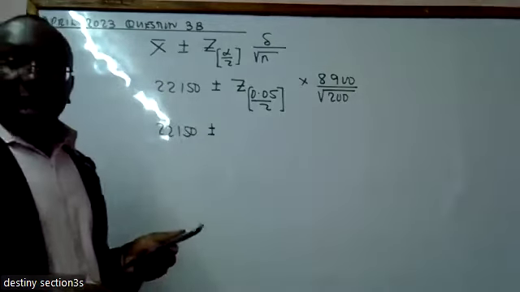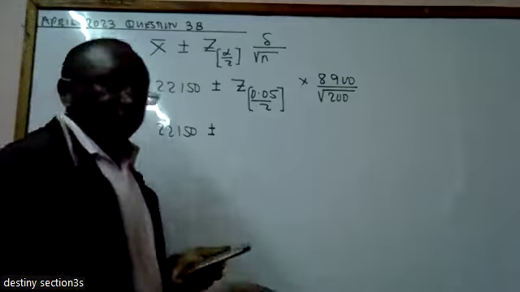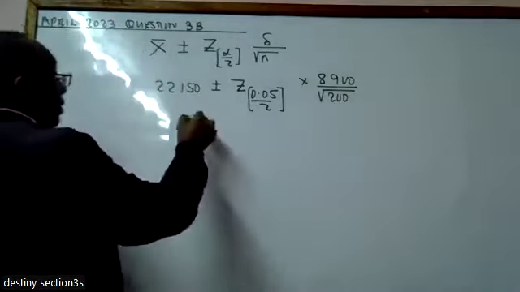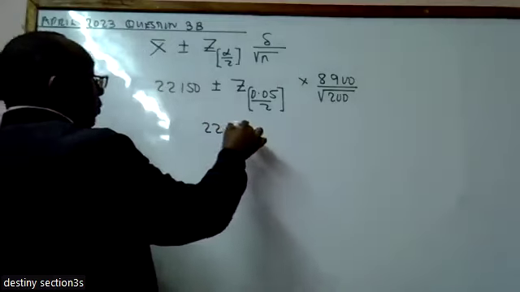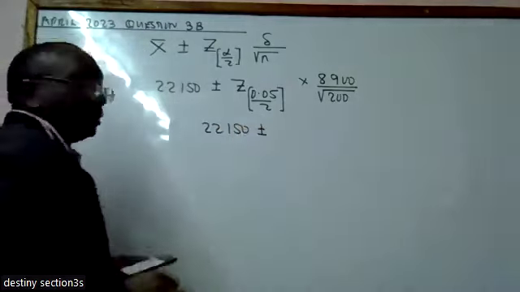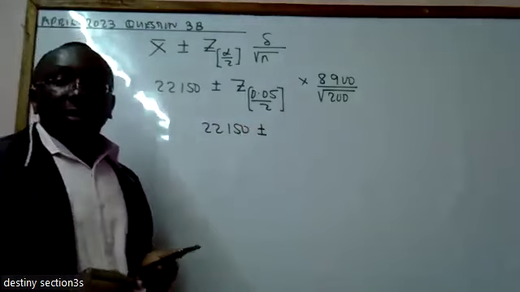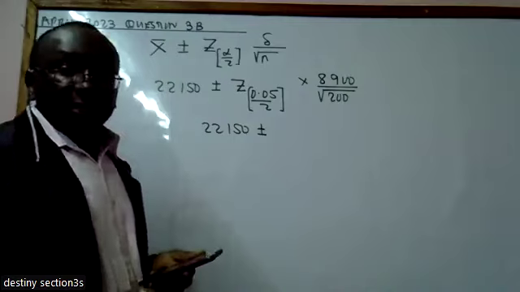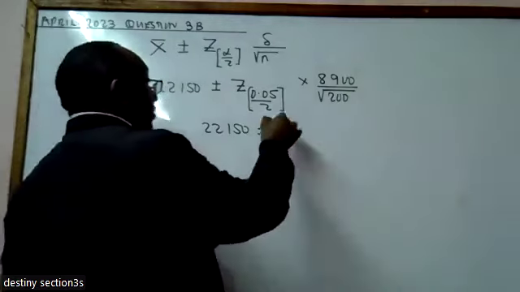Now this value, I told you, you should always get it very right, because it is very common. The figure you can keep in your mind is that at 95%, Z will always be 1.96.